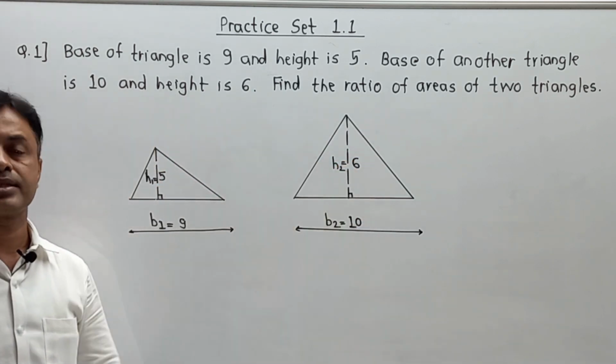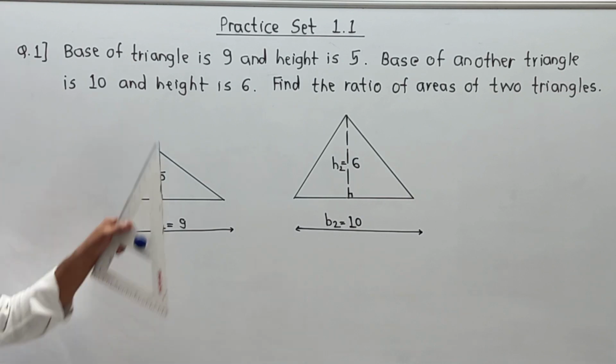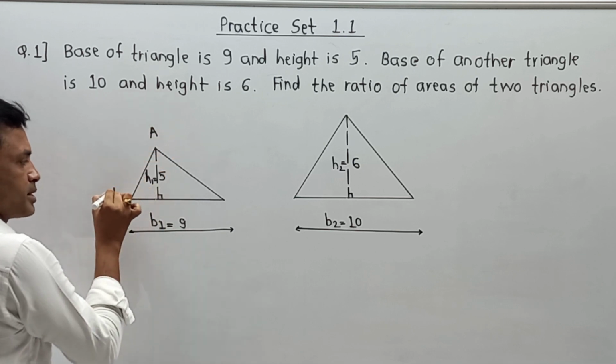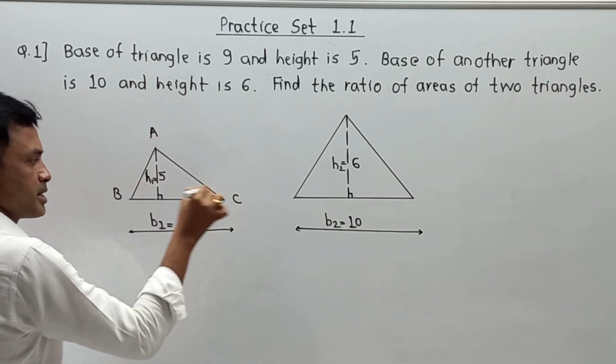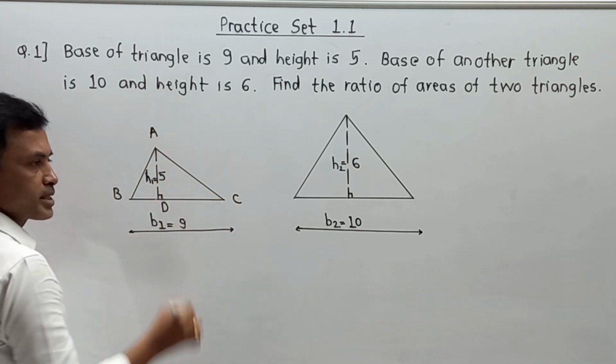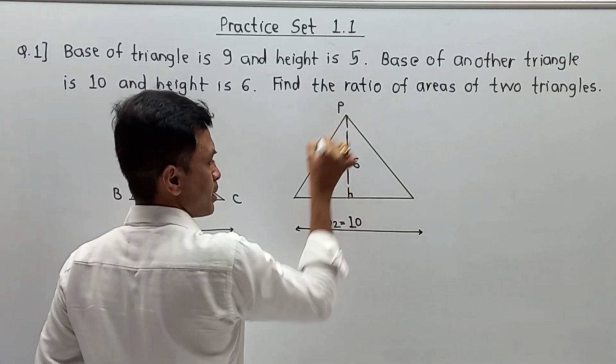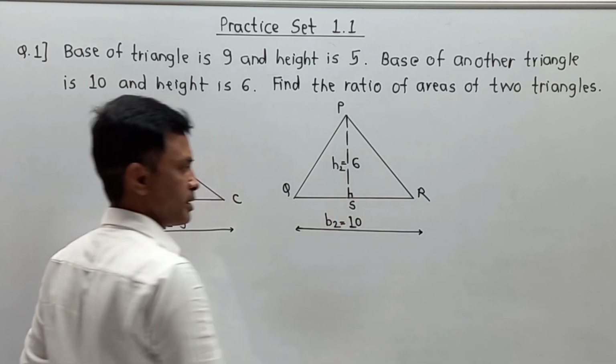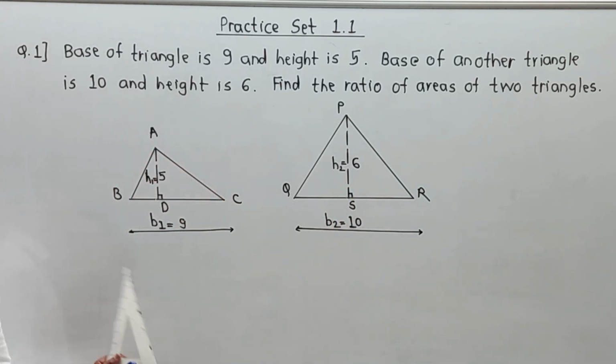Here you can indicate it in symbols, or you can give a nomenclature like our previous part. Means ABC is the first triangle where AD is the height, and PQR is the second triangle and PS is the height.